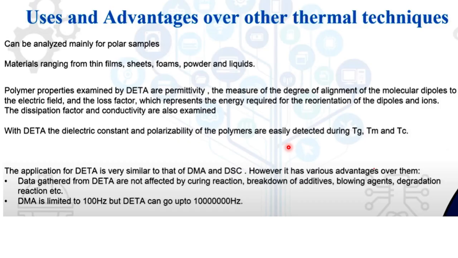Polymer properties examined by DEA are the permittivity, which is the measure of the degree of alignment of the dipoles in presence of electric field, and the loss factor, which represents the energy required for the reorientation of the dipoles and ions. The dissipation factor and conductivity are also examined.